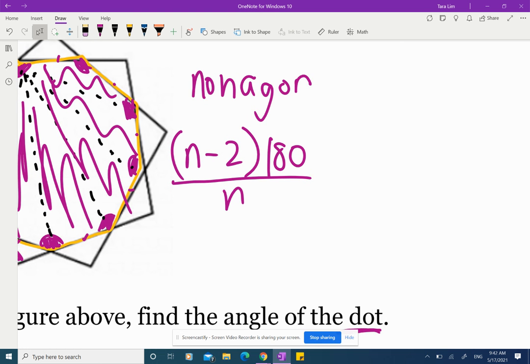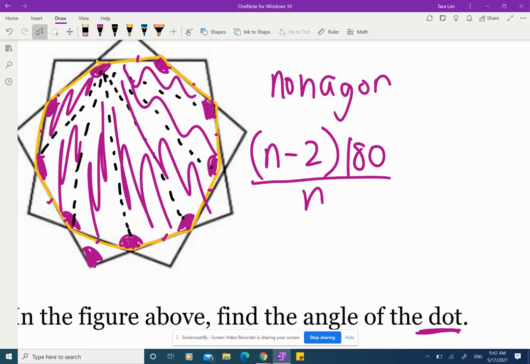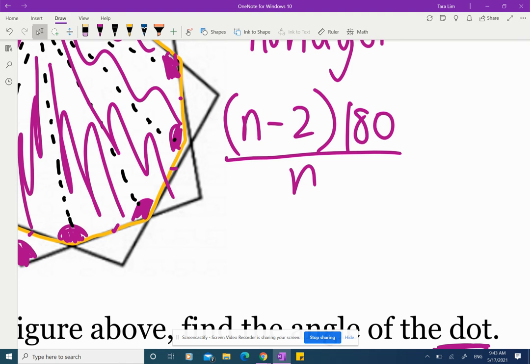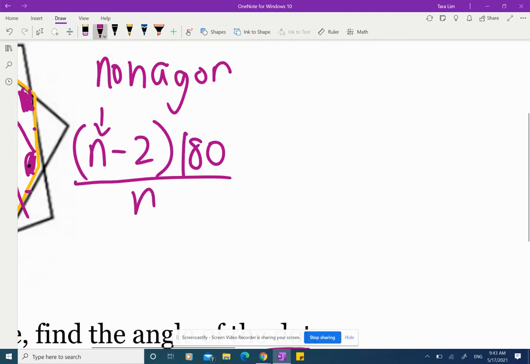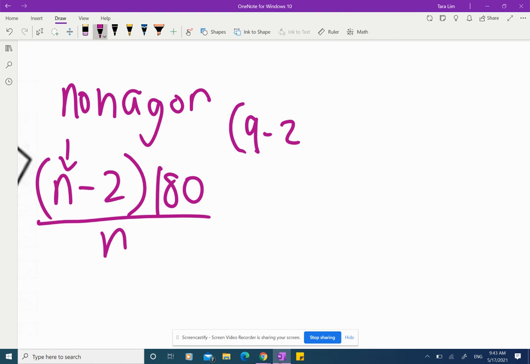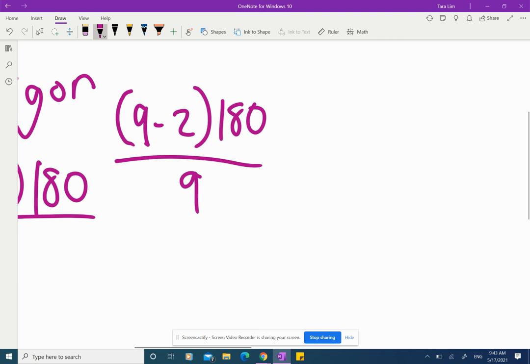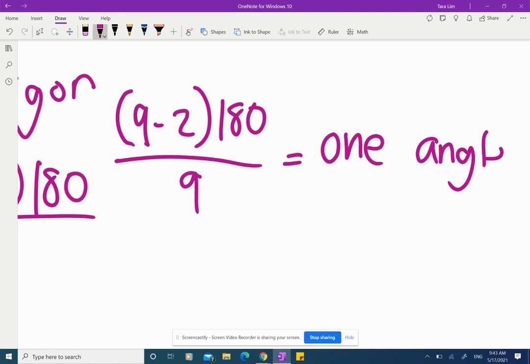Now this is the formula. We want to know nonagon. So we know that nonagon has 9 sides. So we put 9 here. So that means 9 minus 2 times 180 divided by 9. So we will know one angle of this polygon.